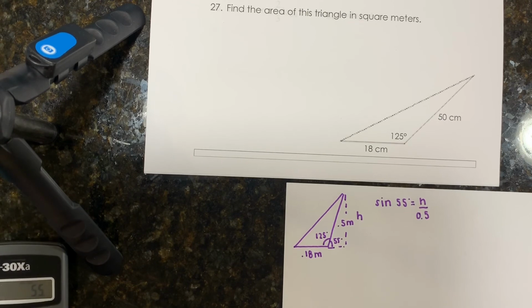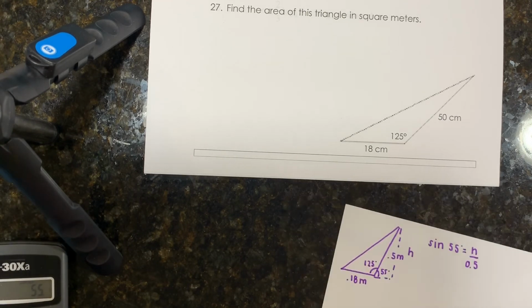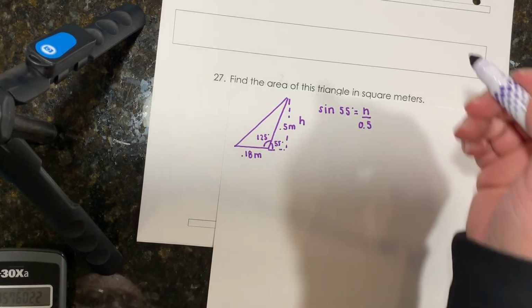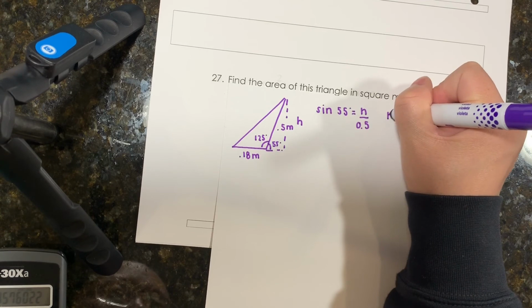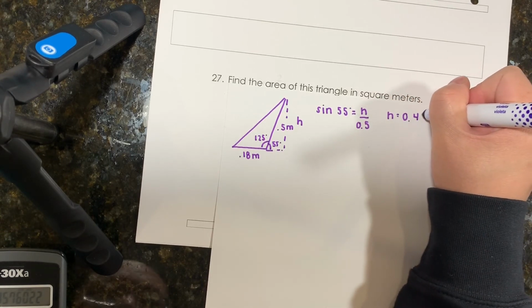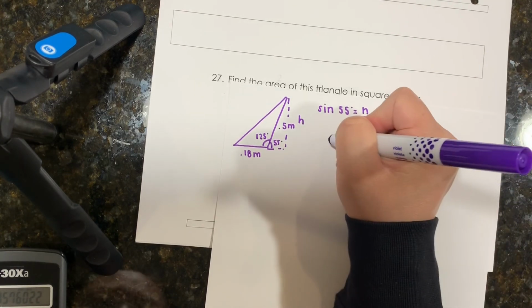So when I multiply that out, 0.5 times sine 55 gives me a height of 0.41 if I rounded, but I'm not going to use that rounded number.